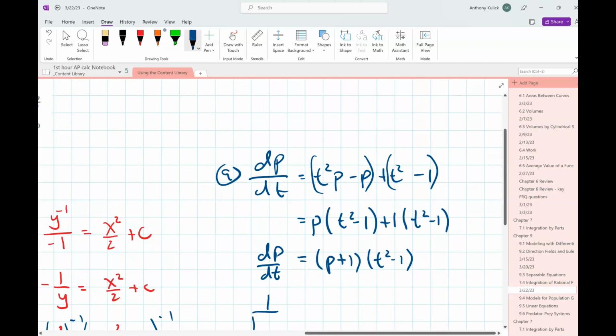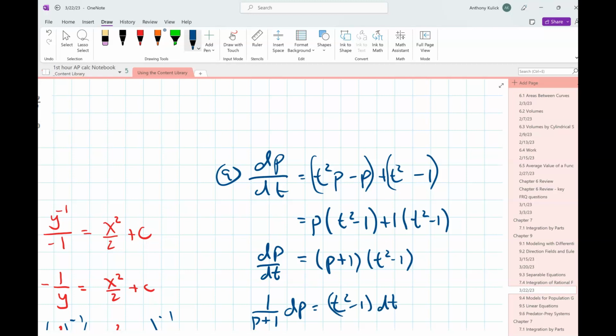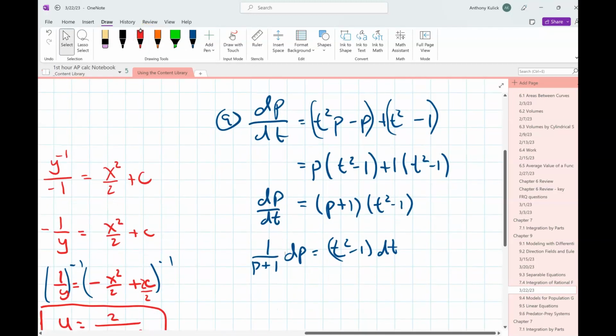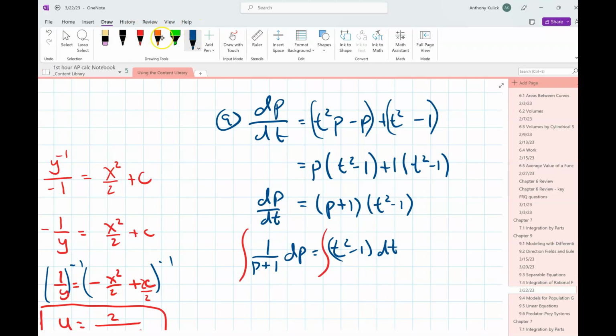So I'll divide both sides by p plus 1, and then multiply dt to both sides. And that'll separate things. We'll integrate both sides. Again, this is like a little itty bitty baby u-sub here.